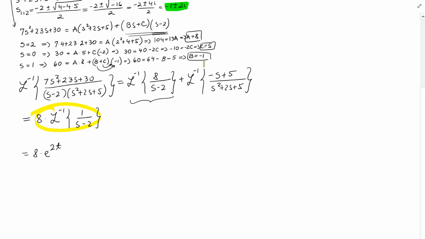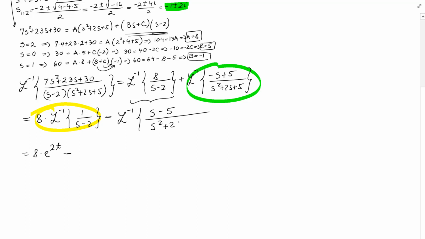Now let's start working on the second one. I'm going to factor out the negative: minus the inverse Laplace transform of s minus 5 over s squared plus 2s plus 5. I factor out the minus to make it a little simpler.